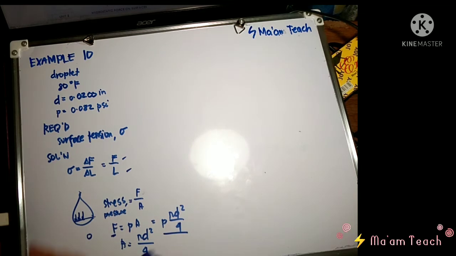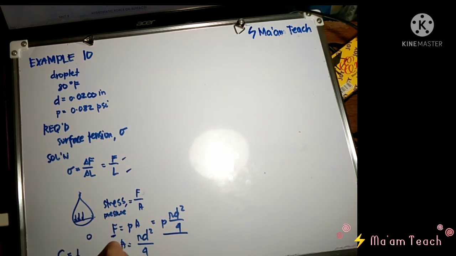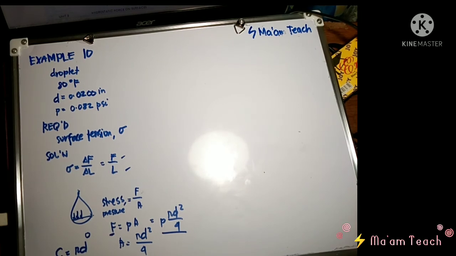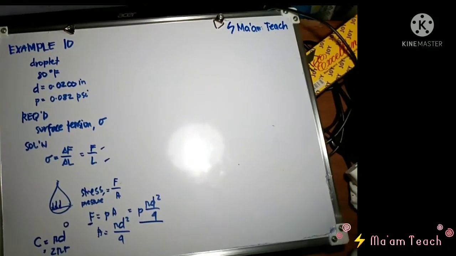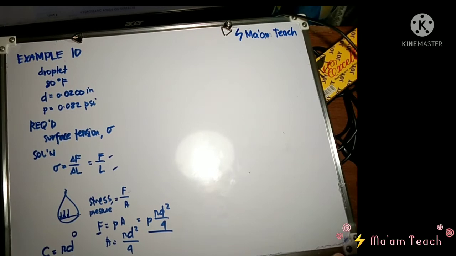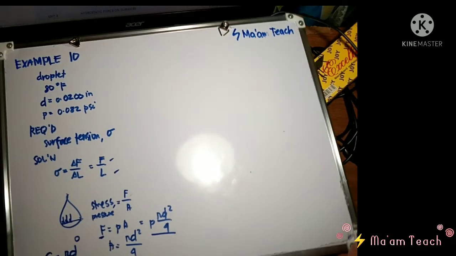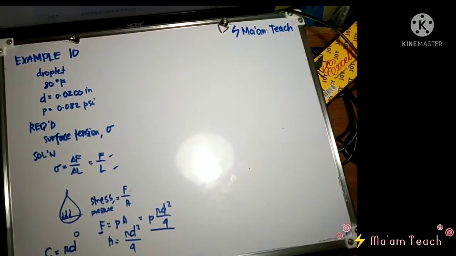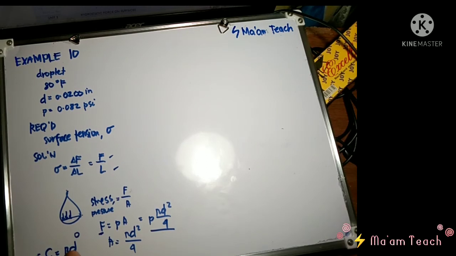In order for us to determine that, we have to solve for its circumference. If you could recall, the circumference of a circle is pi times d, or if you are familiar, 2 pi r. We will be using pi d, because like we have said, we have to express it in terms of diameter. This will be equivalent to our length.